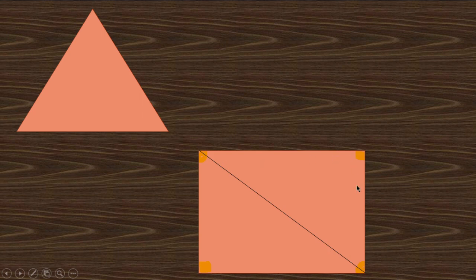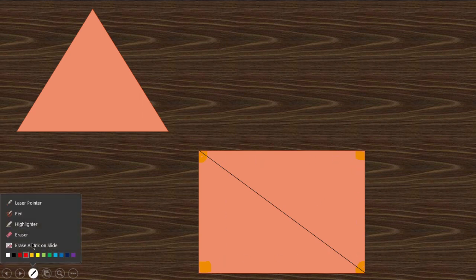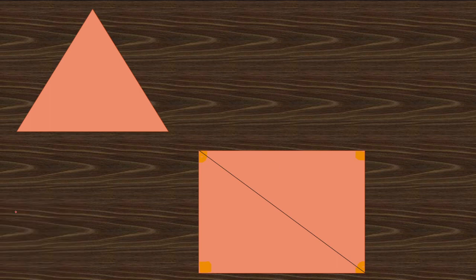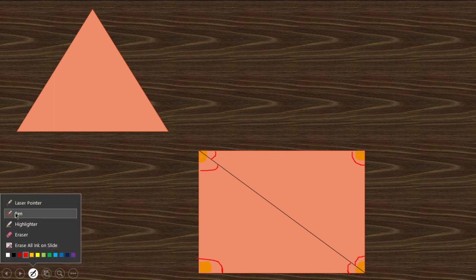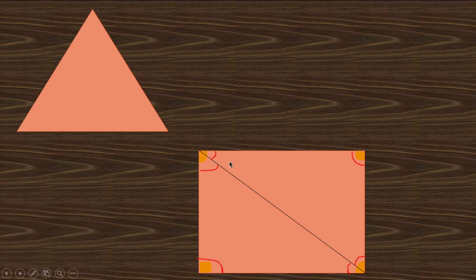What happened now? These four angles actually got divided into six, and we know the sum of all these six angles. This plus this is 180, and this plus this is again 180. That means the sum of six angles is equal to 180 two times, 180 into 2, that means 360.